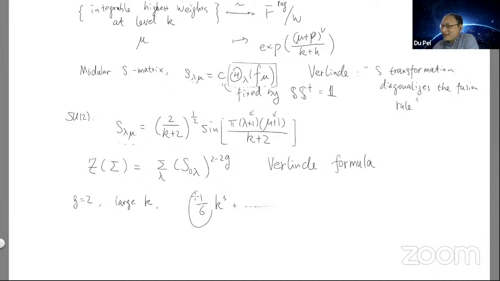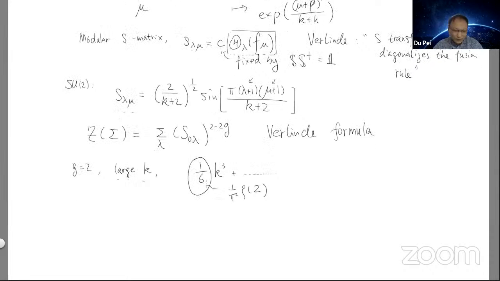By literally taking a large k limit inside this formula, you can recover this 1/6, and there, this 1/6 is identified with 1/pi squared, and the value of the Riemann zeta function at 2. So this is a fun exercise that I recommend young students here try.